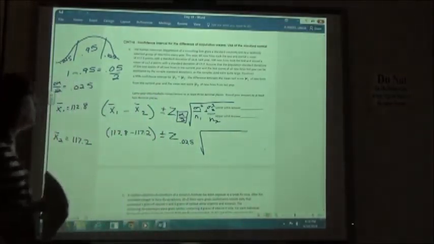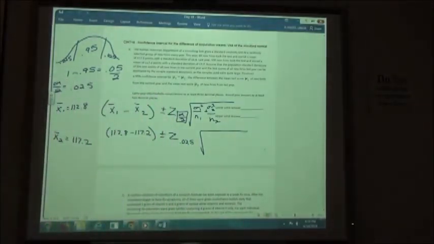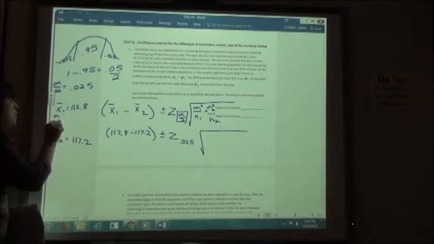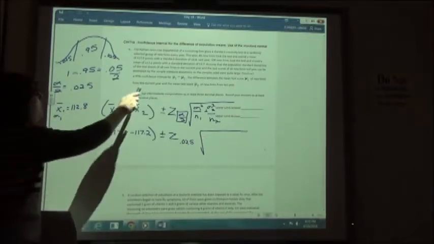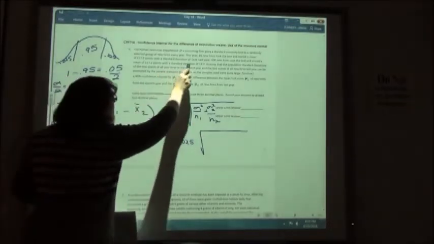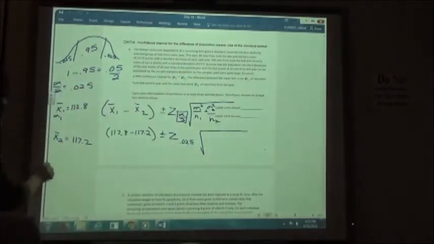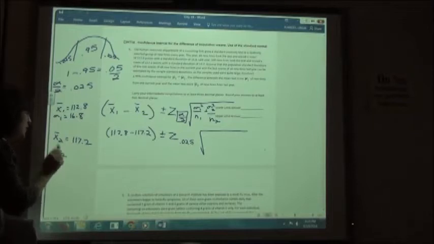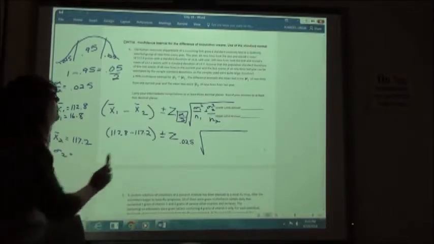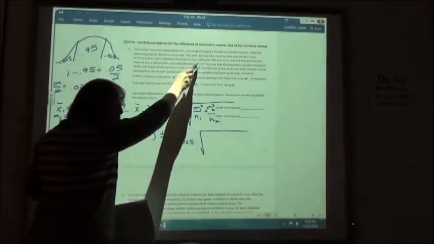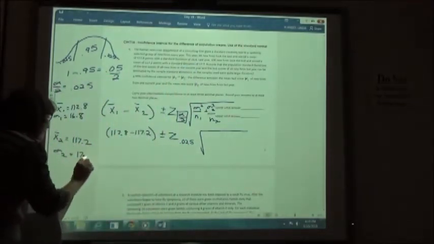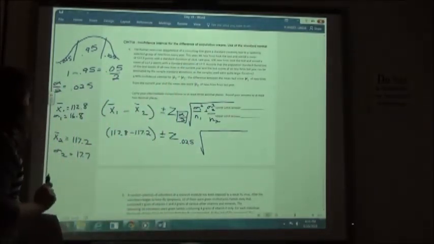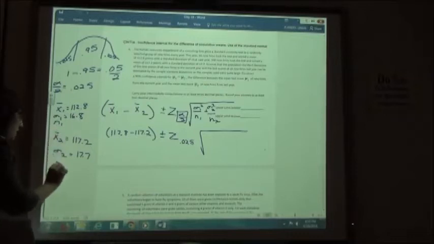Square root of, now I've got to find my standard deviation squared for each of those. So my standard deviation 1 would be my current year's standard deviation. That was the 16.8, right? My standard deviation 2 was last year's standard deviation, which is the 17.7. I've got to do N1 and N2.